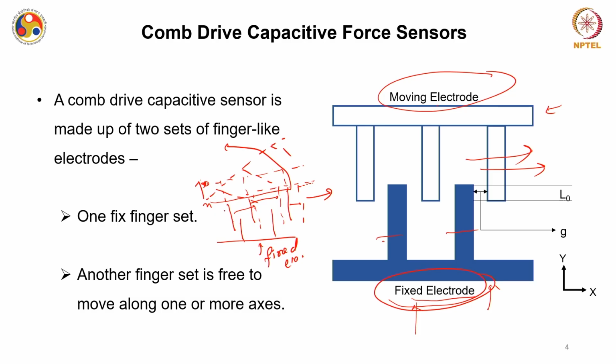So if I fix this point, the electrode moves in the z direction, and because of that it will be at a certain angle with the fixed electrode. This case is more complicated.